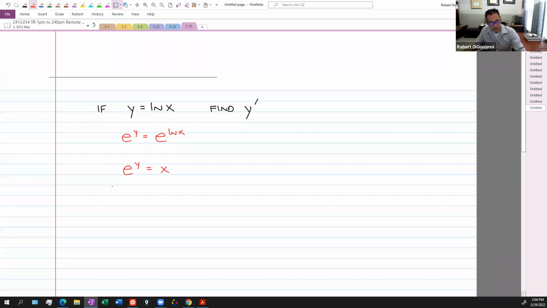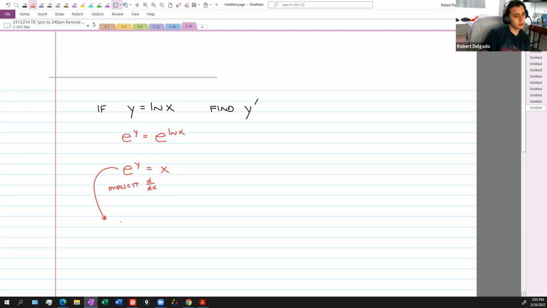Now what I'm going to do is implicit differentiation. I'm going to find the derivative with respect to x. See if you can follow me on this. What is the derivative of e to the y with respect to x? What's the derivative of e to the y? E to the y, itself, right?